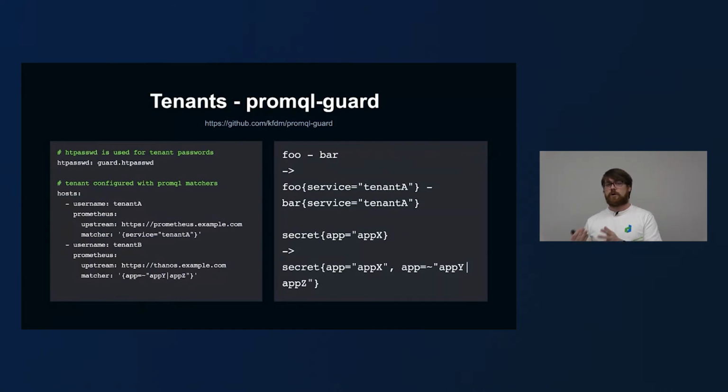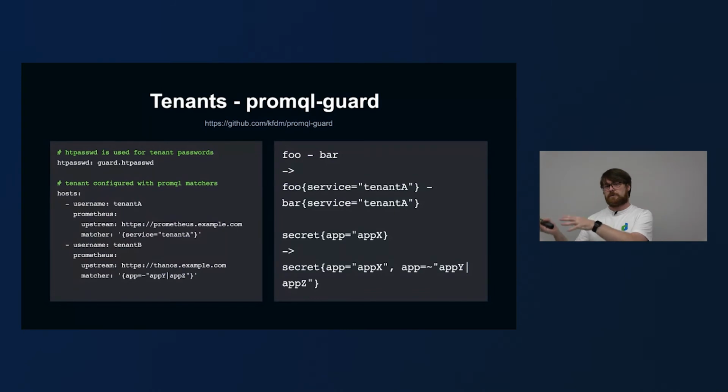So when you're running a query, if the user sends the query foo minus bar, then promql-guard will look at that query, rewrite it, and send it up to the upstream instance. Your foo minus bar is rewritten to be foo{service="tenant A"} minus bar{service="tenant A"}.